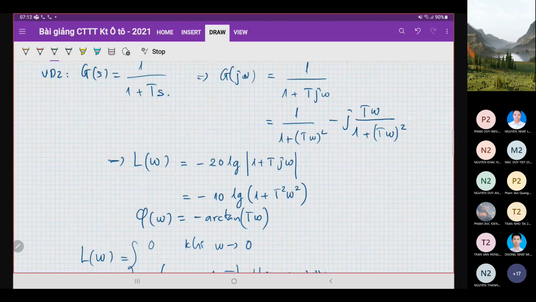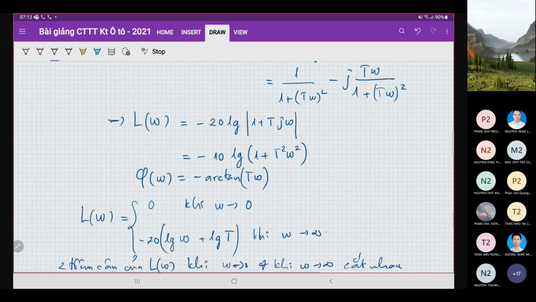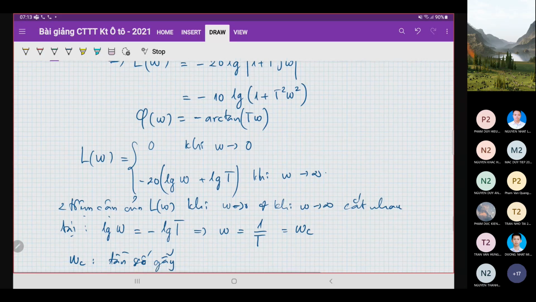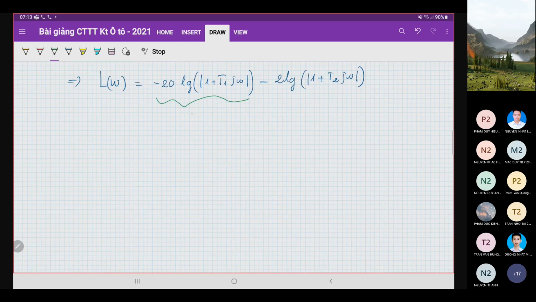That means it will be equal to minus 10 log of (1 plus T1²ω²), right?